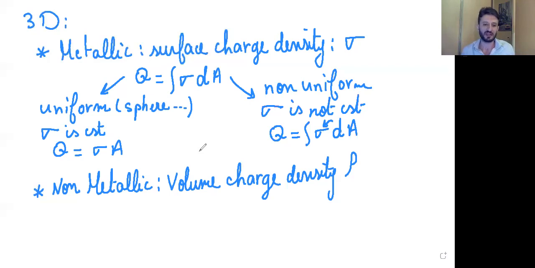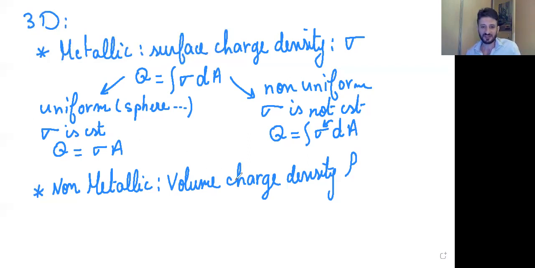Let me take the case of a non-metallic object, like this ball. In this ball, as we have a non-metallic object, the charge Q will be distributed inside the object, okay? So at any point inside the object, you have charges, but I don't know if this charge is uniformly distributed or not. I don't know, but I know that we have a volumic distribution.